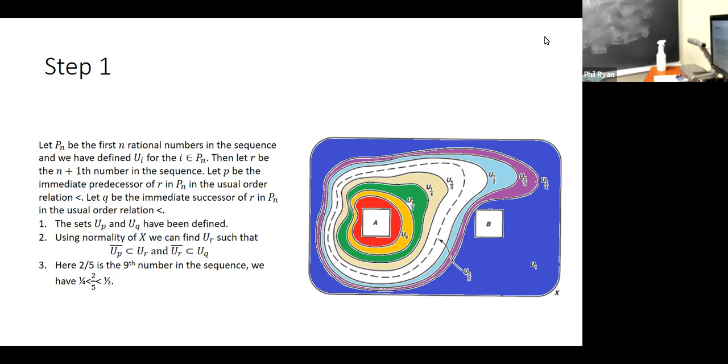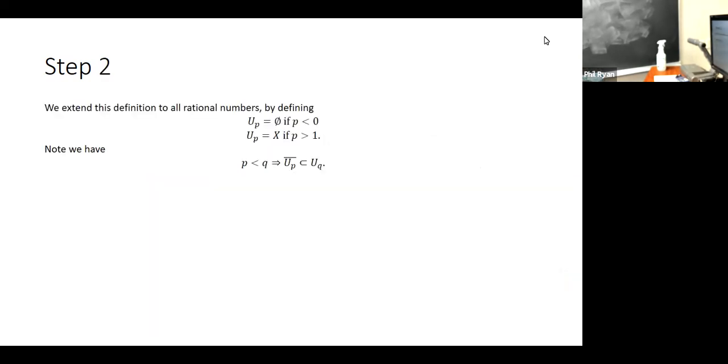And so how can we turn this then? Oh, first we've got to extend it to all the rational numbers. And that's pretty straightforward. So if it's a negative rational number, we let U_P be the empty set. And if P is bigger than 1, we just let it be the whole set. And we still have that if P is less than Q, then the closure of U_P is contained in U_Q.